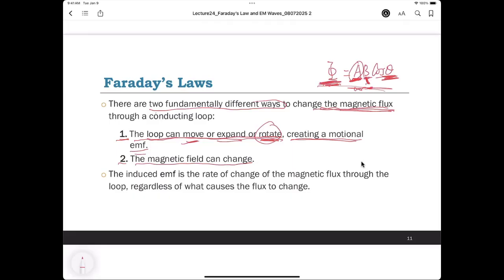The induced EMF is the rate of change of the magnetic flux through the loop, regardless of what causes the flux to change. So no matter which way you use, there will be an induced EMF, because the magnetic flux is changed. That makes sense to you.